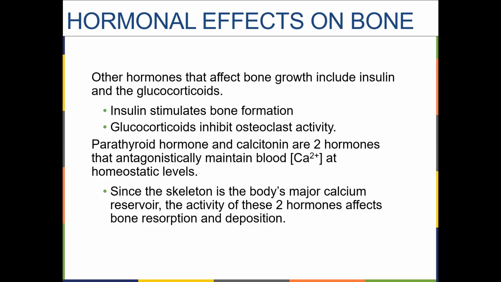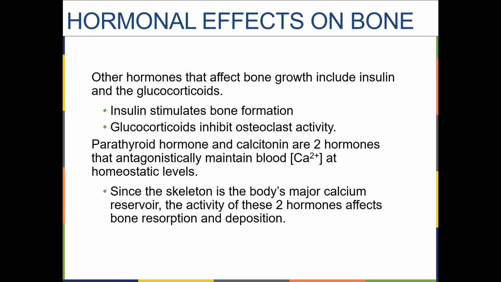Now, as far as the calcium levels go, the two hormones involved with that are what's known as parathyroid hormone and calcitonin. They are antagonists. If you heard me talking about antagonist muscle groups in lab, they work against each other.